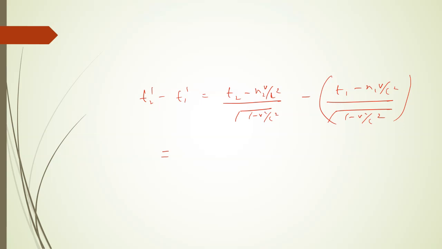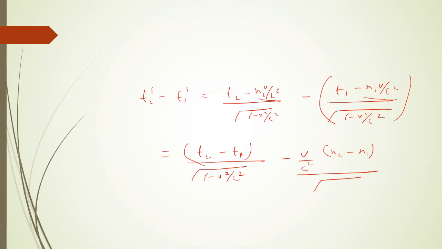Just rearranging, it becomes t2 minus t1 divided by root of 1 minus v square by c square, minus v by c square times (x2 minus x1), divided by root of 1 minus v square by c square.